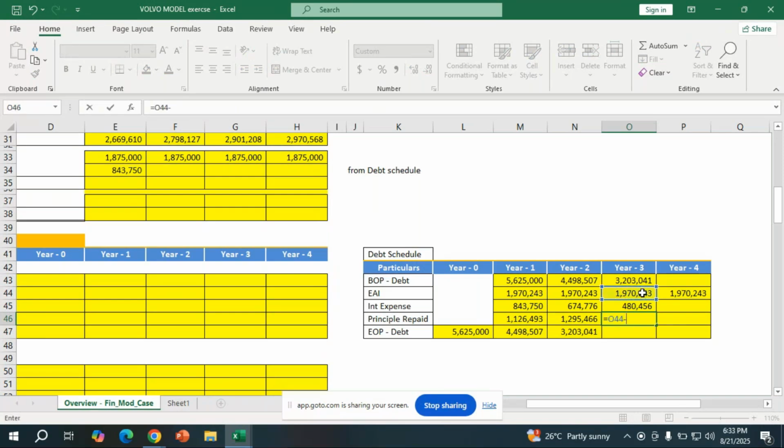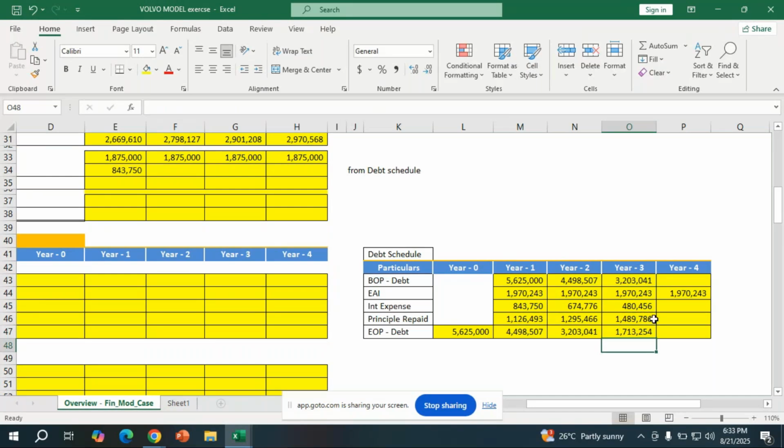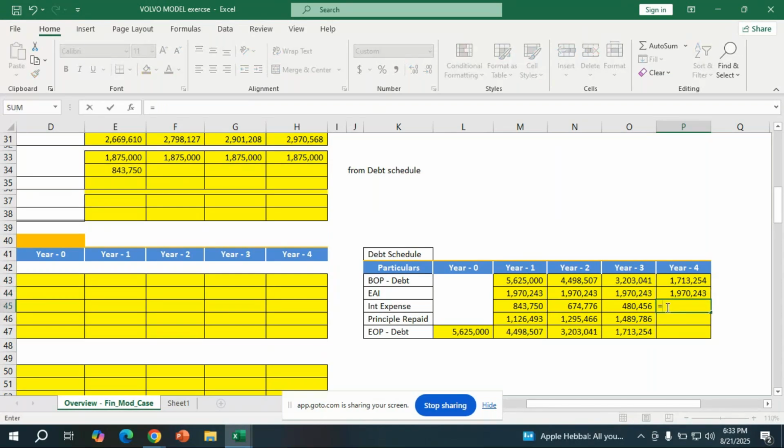Minus, equals to opening of the loan minus principal rebate. Again interest: take the loan amount into again 15%.